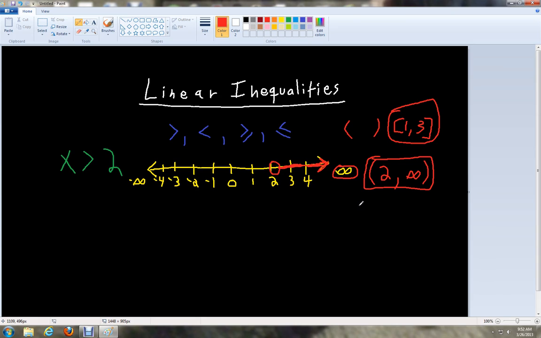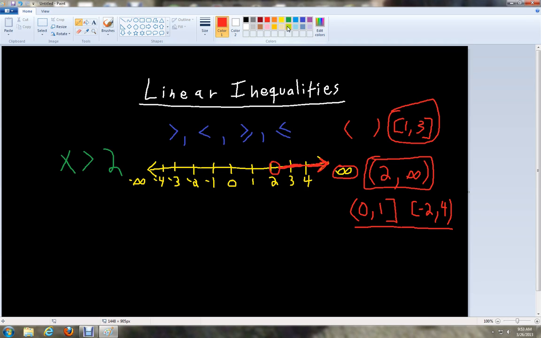And then a semi-open interval would be like [0, 1), or maybe (-2, 4]. These examples would be semi-open or semi-closed intervals, because each has a parenthesis and a bracket.